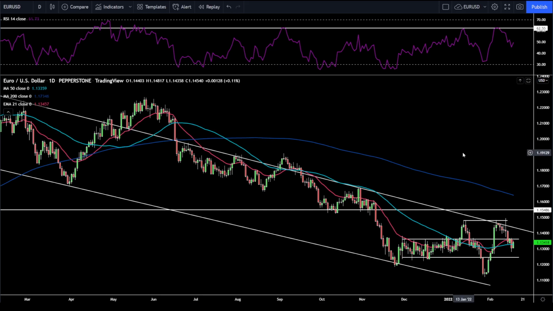So let's move on to the Euro US dollar, and we know that they have a lot of exposure to the Russia-Ukraine conflict, given their proximity to Ukraine, and it would hit the economies quite hard. So we saw that sell off. We're finding a bit of support now at this 50-day simple moving average.